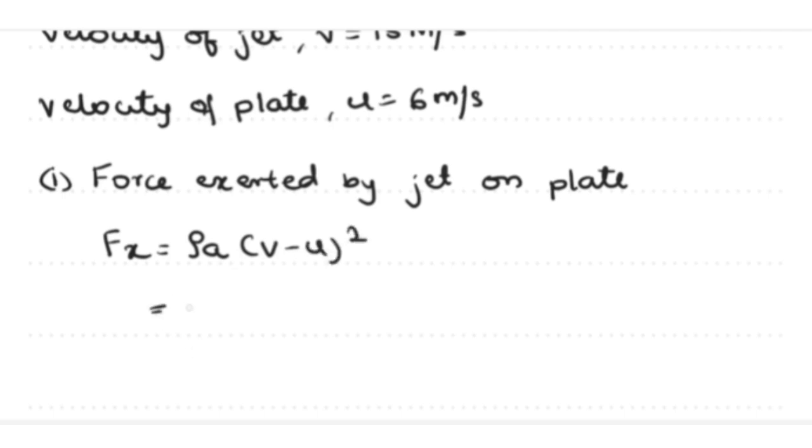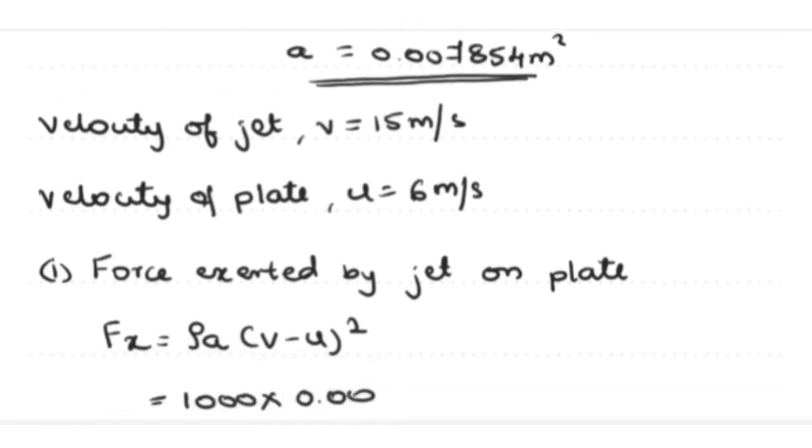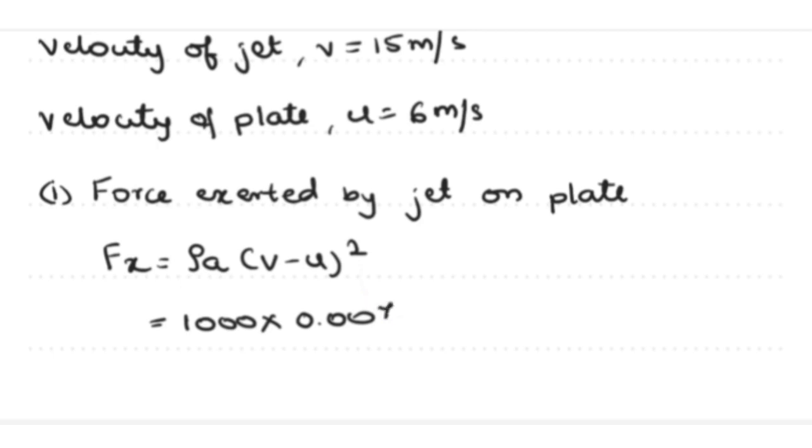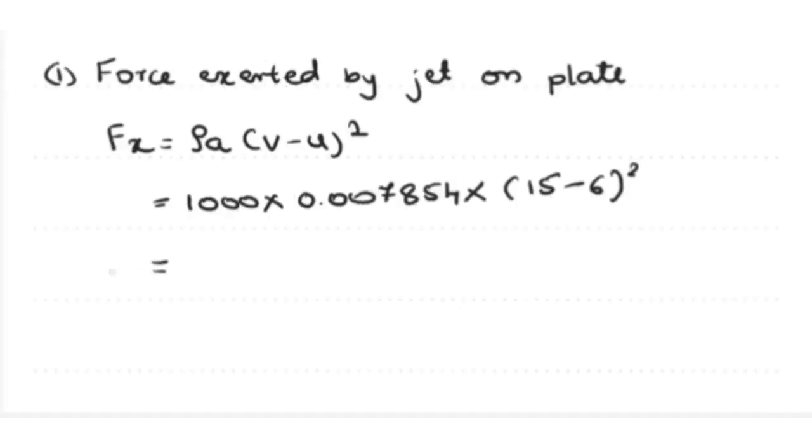Let us substitute the values: 1000 into area 0.007854 into (v is 15 and u is 6) its square. If you solve it, you will get Fx is equal to 636.17 Newton.